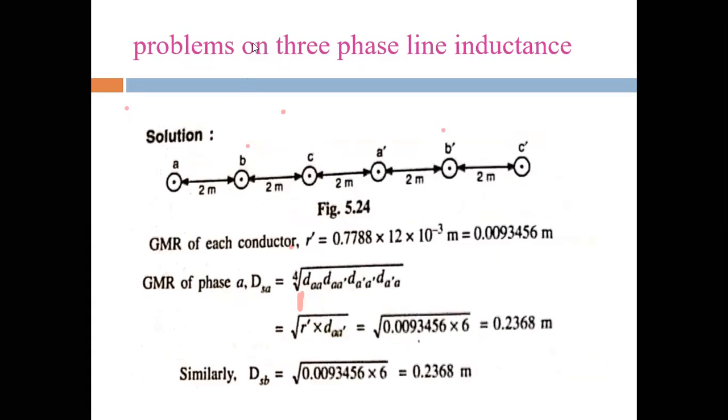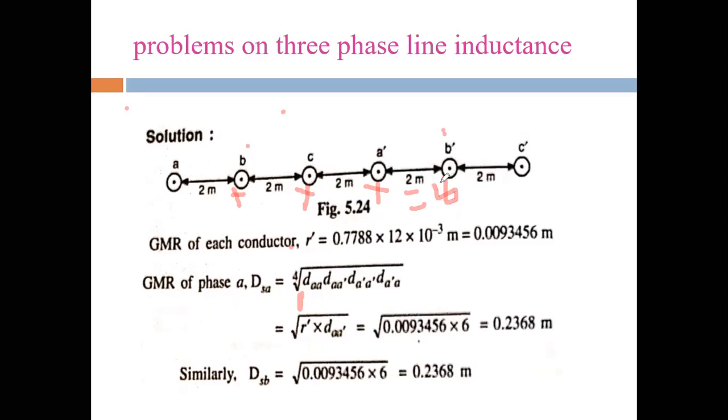Then we calculate the distance between A to B dash. A to B dash is 2 plus 2 plus 2 plus 2. Therefore, 2 plus 2 is 4, 4 plus 2 is 6, 6 plus 2 is 8 meters.